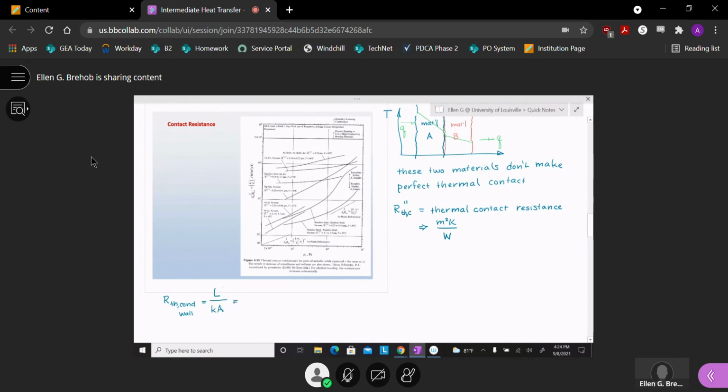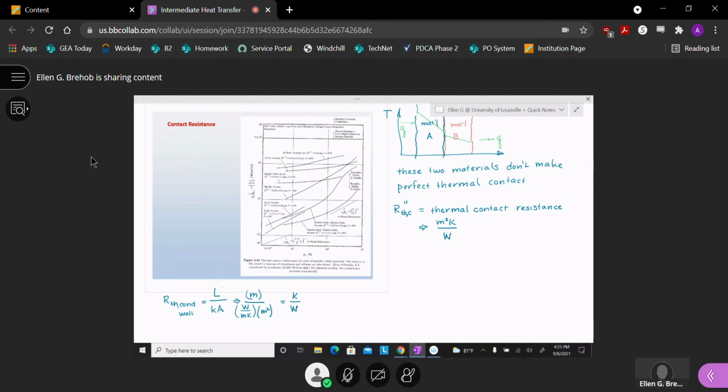If I was looking at units, length has a unit of meter, k has units of watt per meter Kelvin, and area is meter squared. So if I reduce this, I have units of Kelvin per watt. And that is typical units for a thermal resistance element.